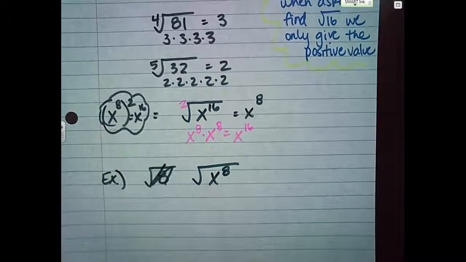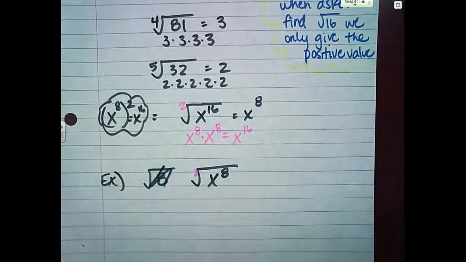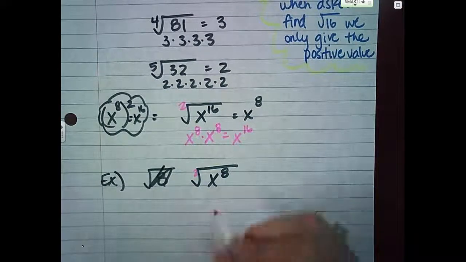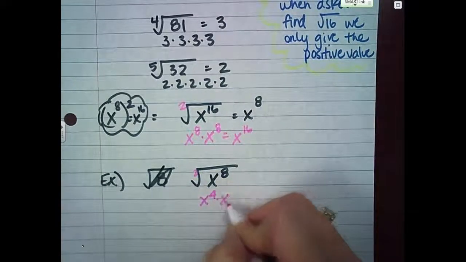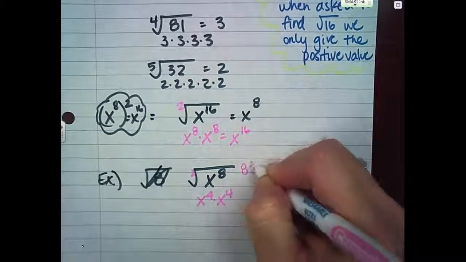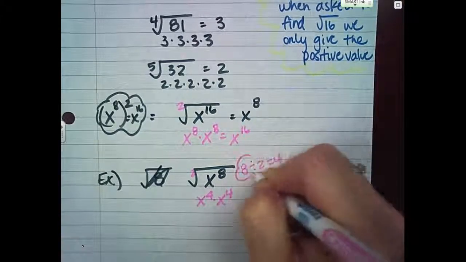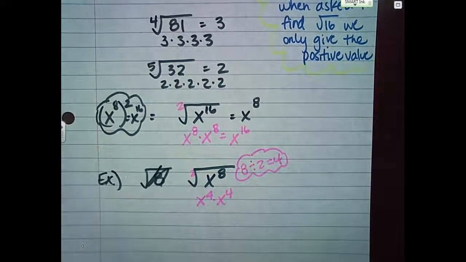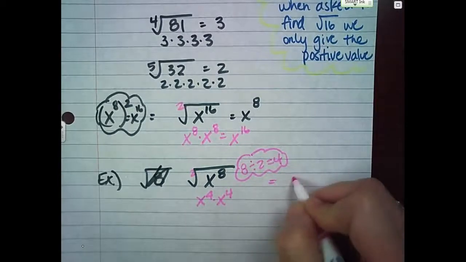What number is written there that we just don't put? 2. So the shortcut, this really means x to the 4th times x to the 4th, or to do a shortcut, it's 8 divided by 2. You might write yourself a note there just in case. That's what we're really doing to make it quicker. So the answer is x to the what power, guys? Perfect. 4.